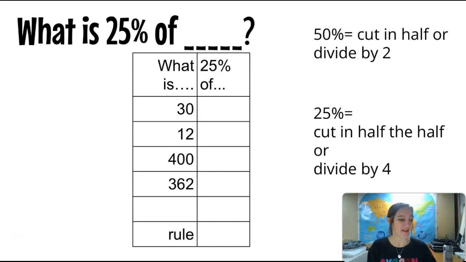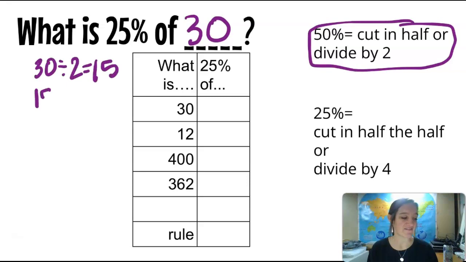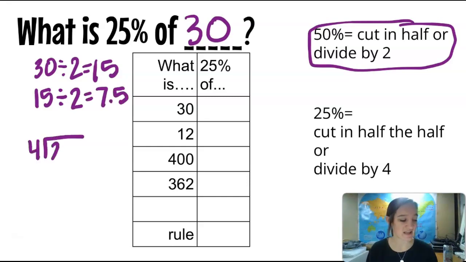So how do I find what 25% of 30 is? Well, I can either do the cut in half and cut in half. So I take 30, divide it by 2 and get 15, and then take 15, divide that by 2 again and get 7.5. That's strategy 1. Strategy 2 is just to divide it into 4 pieces to begin with.